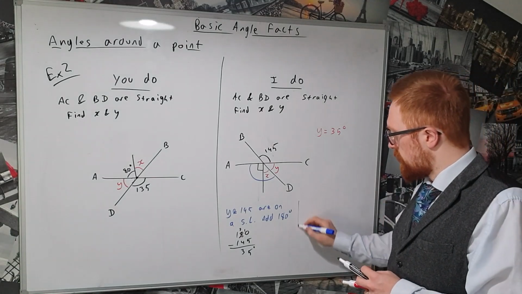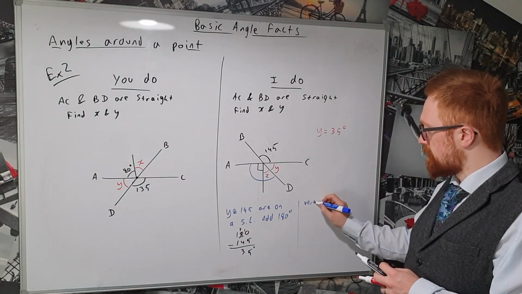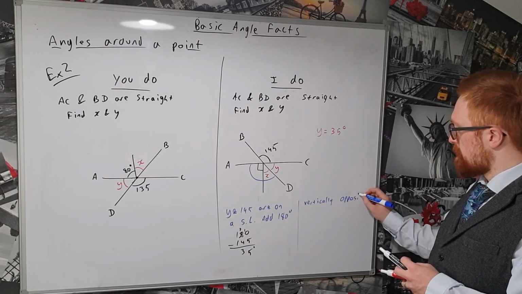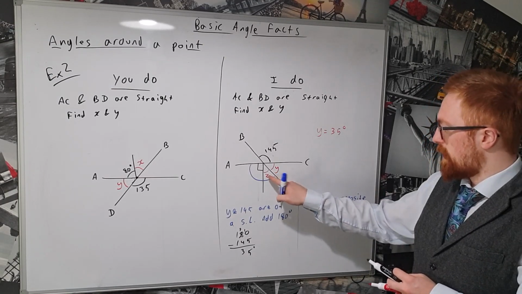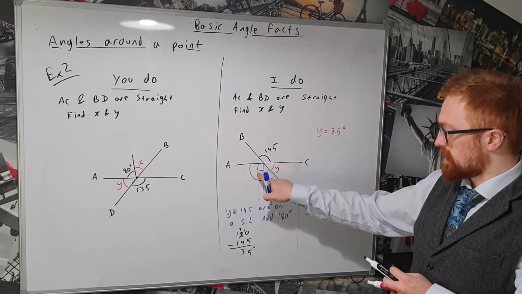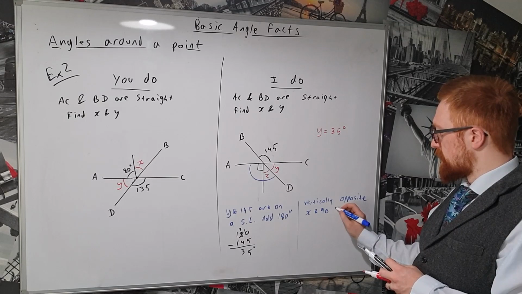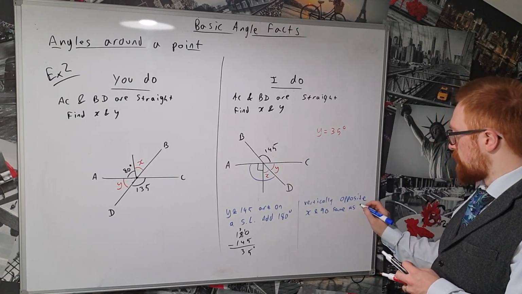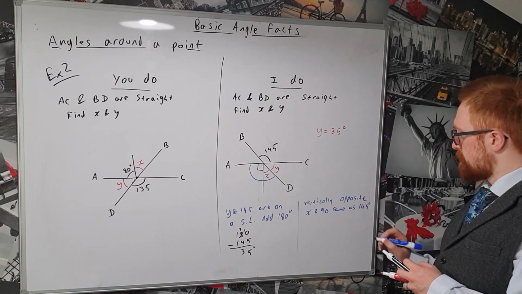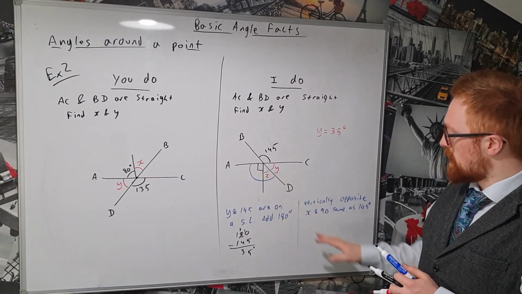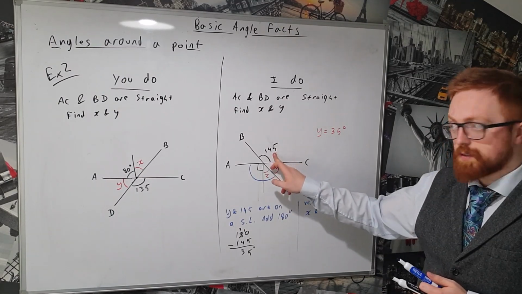Okay, so as they're vertically opposite, I know that X and 90, that 90-degree angle there, must be the same as our 145-degree angle there. So X and this 90 are the same as this 145.